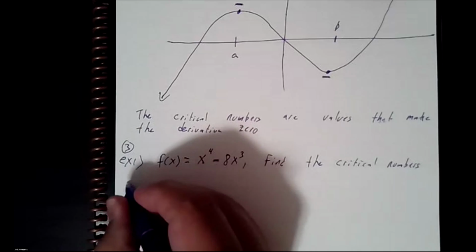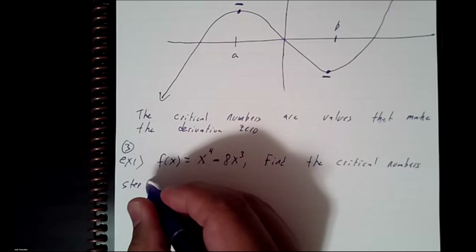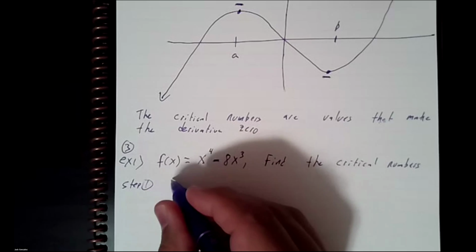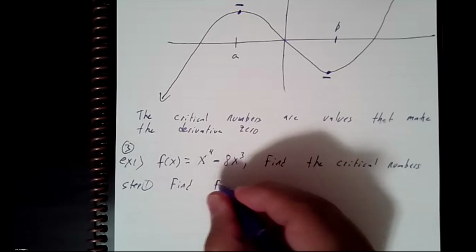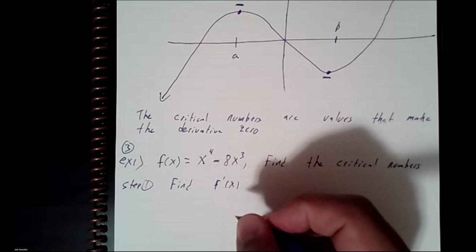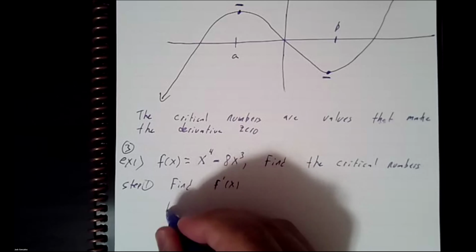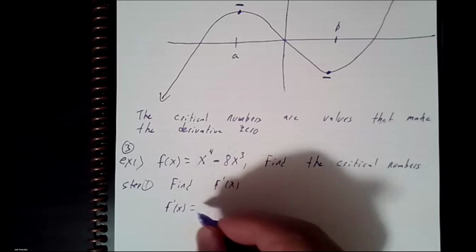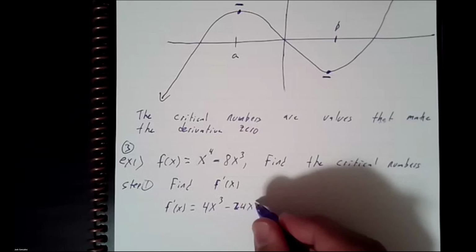Okay, so step 1. Find f prime. So the derivative will just be a power rule, right? Let me know if you need me to show some steps. I'm assuming you guys are okay with the power rule.